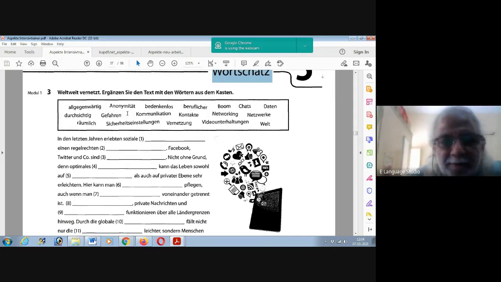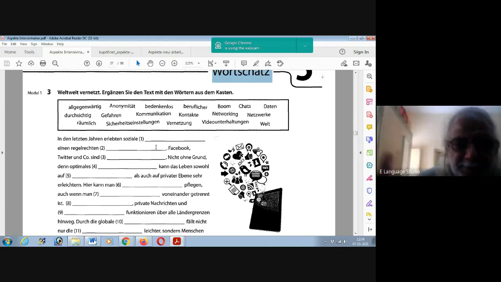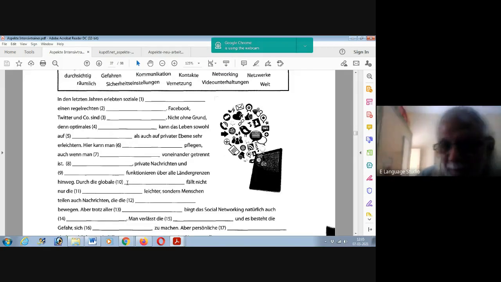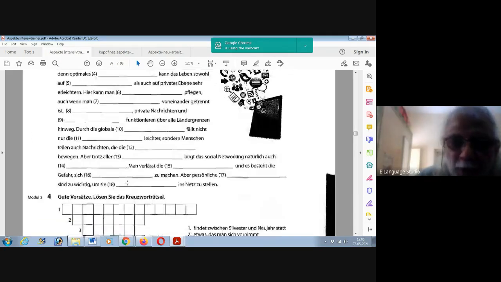Deshalb haben wir hier diese Übung und deshalb haben wir diese Übung gelöst. It is a small write-up. In den letzten Jahren erlebten soziale Netzwerke einen regelrechten Boom. Since you have solved it, if you can go through this text once again and complete it with all the words, it will help you remember them longer.